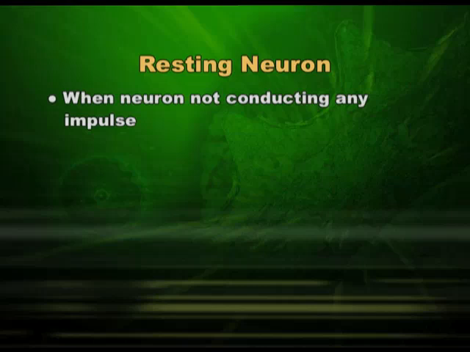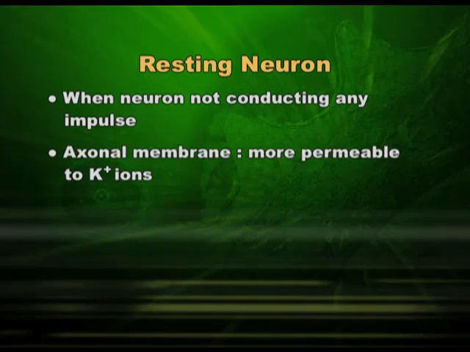So, what is the condition of a nerve cell in the resting condition? When the neuron is not conducting any impulse, at that time the axonal membrane is more permeable to potassium ions. You know about potassium ions, dear students, and you know about sodium ions, both are positively charged, and you also know about protein ions which are negatively charged.